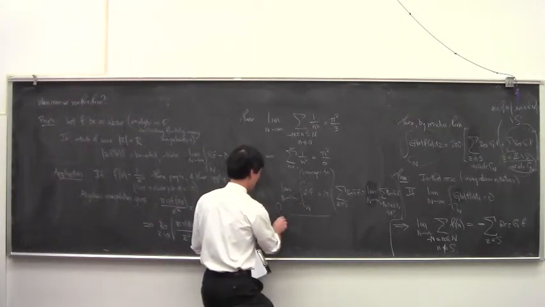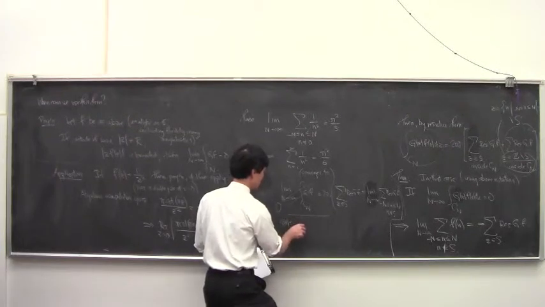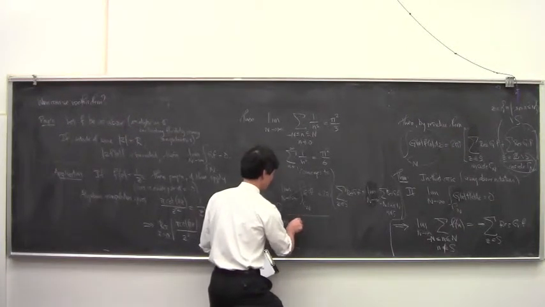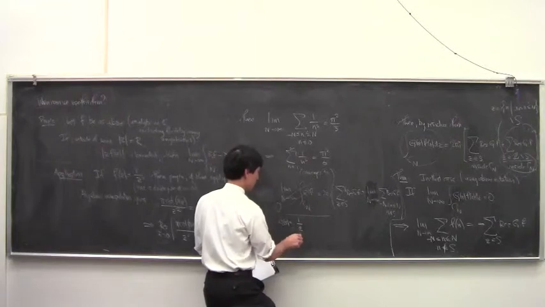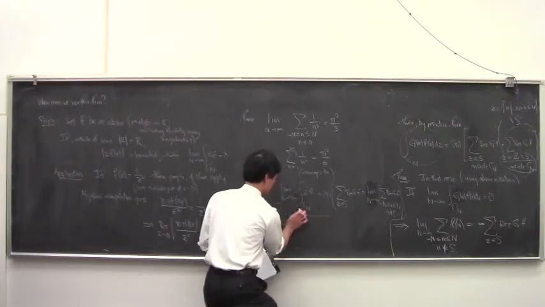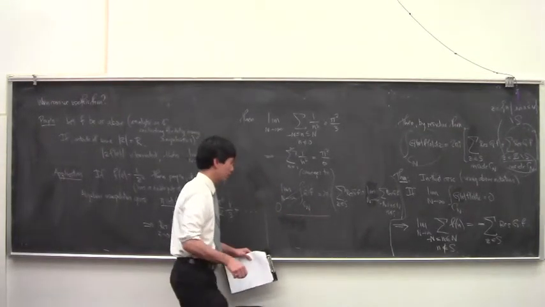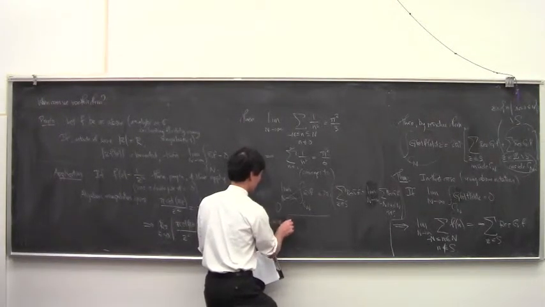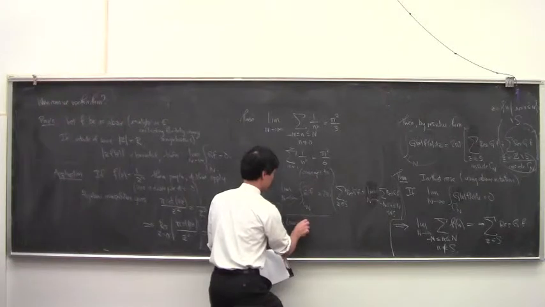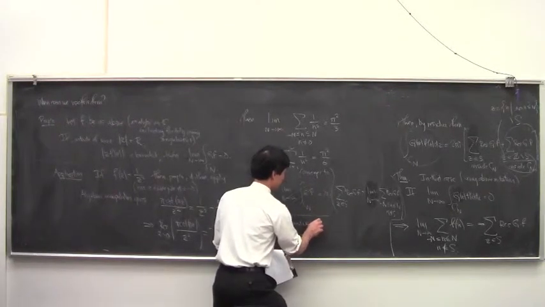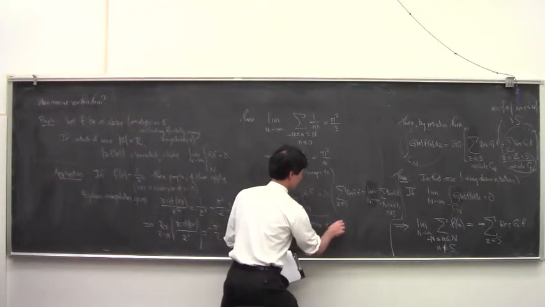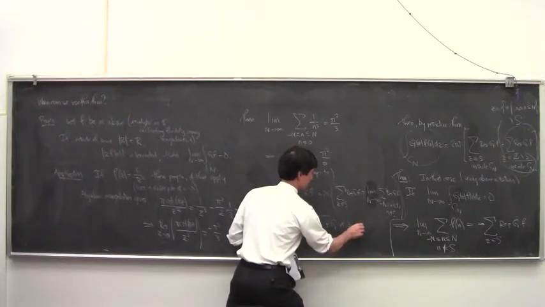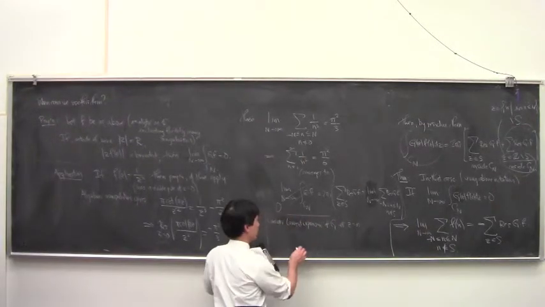Right? G, what was G? Remember, G was this thing. It had a simple pole. So if we look at the Laurent expansion, consider the Laurent expansion of G at z equals n.